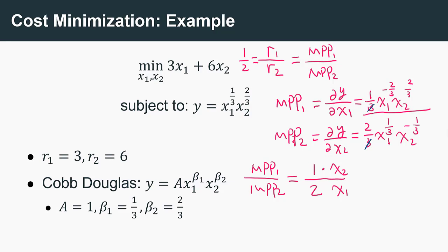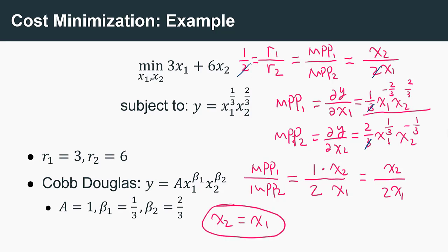So the MPP ratio is just x2 over 2x1. And if we put it here, then we can actually solve x2 as a function of x1. They are the same, and we ended up with x2 equals x1.